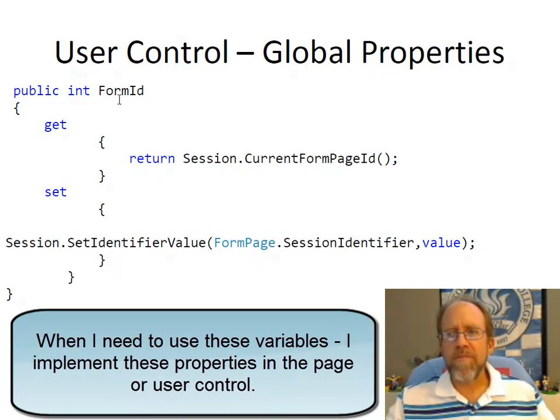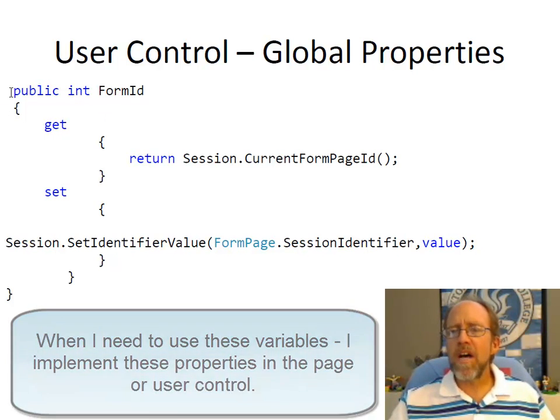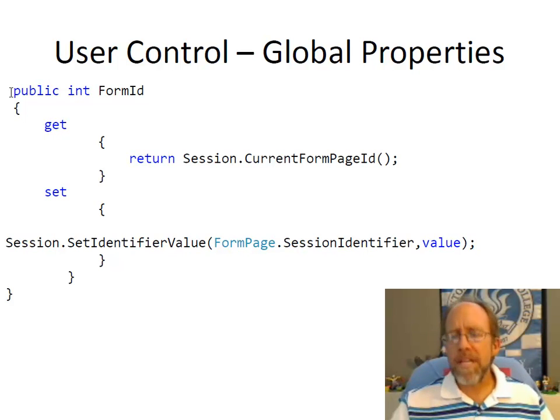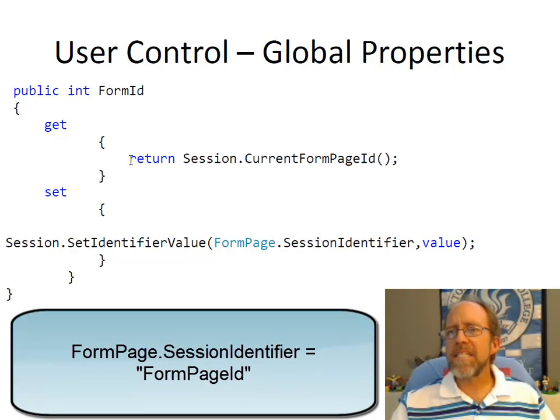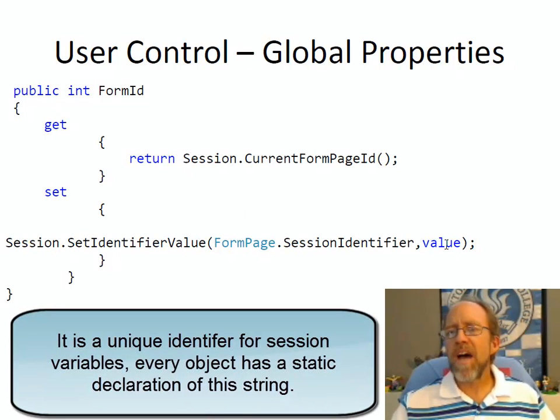That is that form ID. And this itself is a property declaration, public int FormID with a get and a set. But what it does is it either pulls from the session, or in the set, it sets that value in the session.